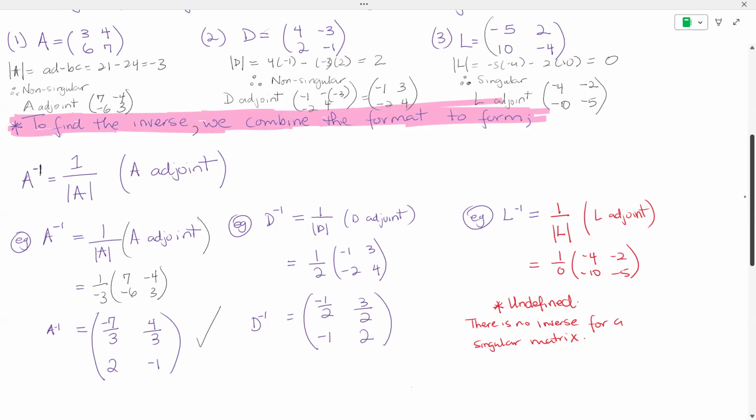D adjoint is -1, 3, -2, 4. When we multiply that using scalar multiplication, we'll get a half by -1, -1/2. A half by 3, 3 over 2. A half by -2, which is -1, and a half by 4, which is 2. And that's that. Now, L inverse is a little different because the determinant is 0.